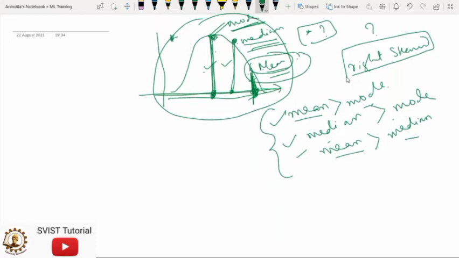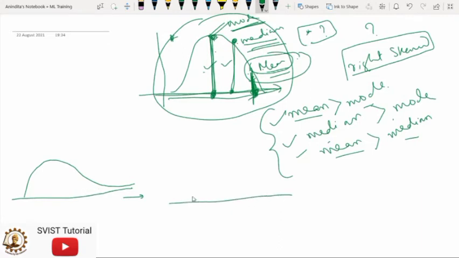Now what is the meaning of right skewed? We have basically three kinds of drawing. If you have your plot like this, we have a tail at the right hand side. So this is known as your right skewed diagram.